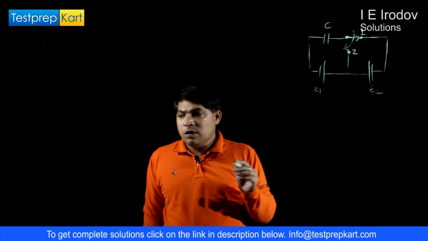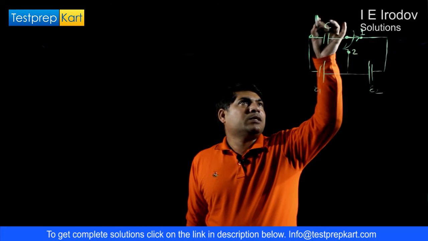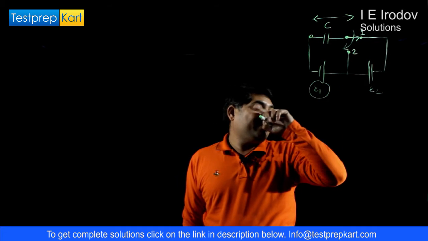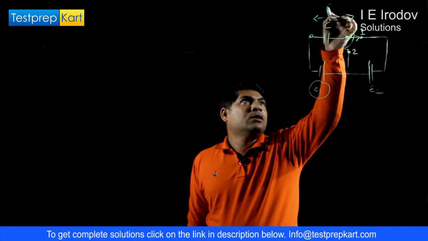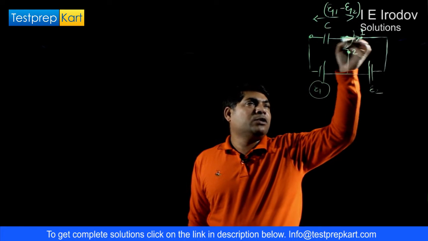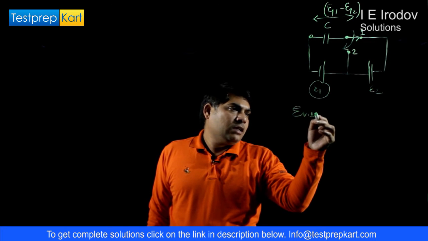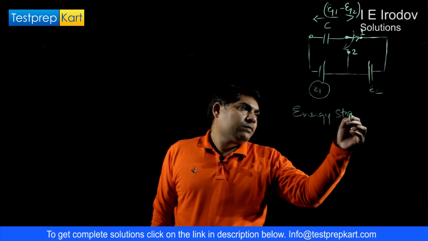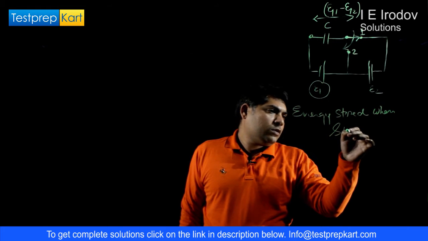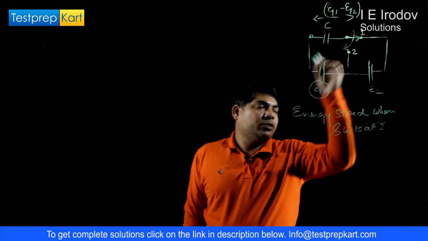Okay, so look, first we need to check what is the potential difference across this capacitor. One end is connected with EMF E1, another is connected with EMF E2. So the potential difference is E1 minus E2 when the switch is at position 1. So first we can calculate the energy stored when the switch is at the first position.